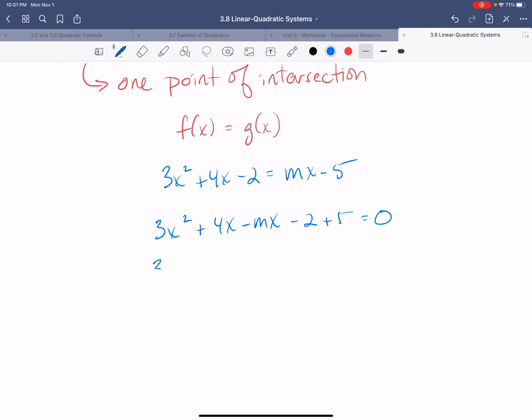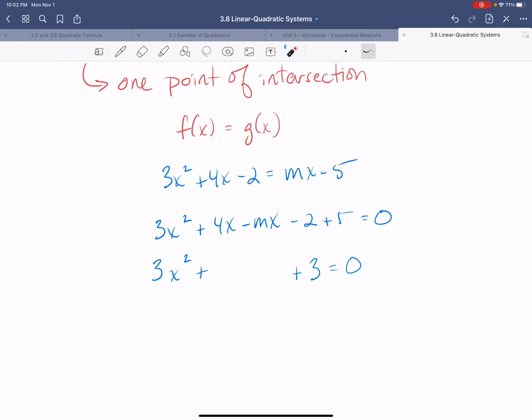Now, if I simplify this, I'm going to leave the x's for a second. But this will be plus 3. Now, 4x minus mx. I can't subtract this. They're like terms because they're both x, but the problem is I have a 4 and an m, right? Now, if this was, say, another number, 5 or 2, to subtract these I would just do 4 minus 2, so I'd get 2x.